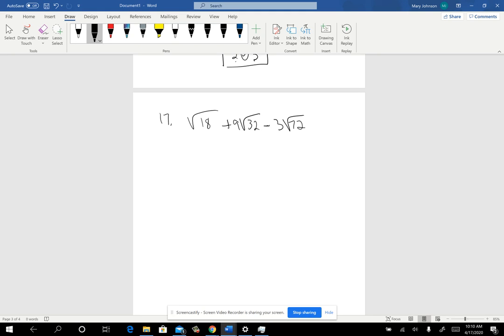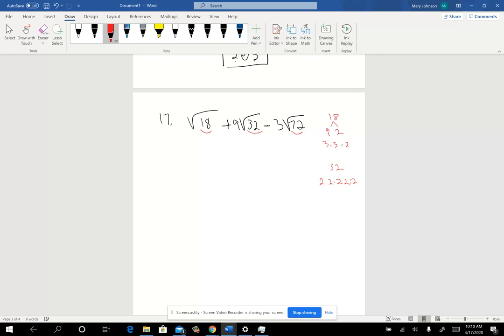So let's go ahead and take a moment just to break down all of these numbers we have under the radical. Let's take the 18 first and see what it breaks down to. So it's 9 and 2, it's 3, 3, and 2. 32 just turns out to be a whole bunch of 2s. I think it's 5 of them.